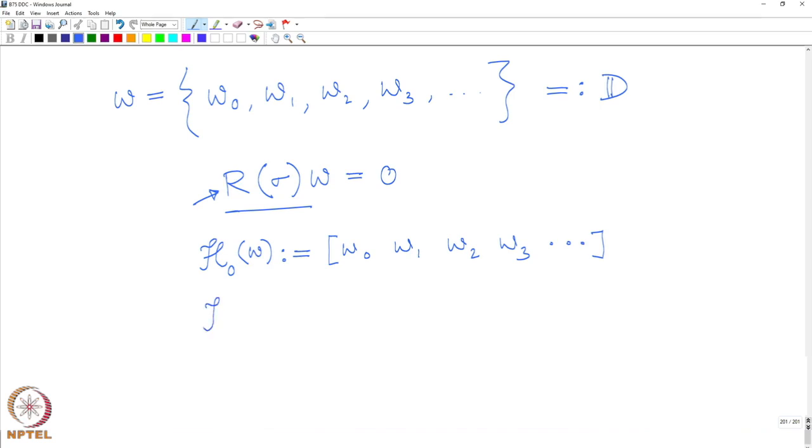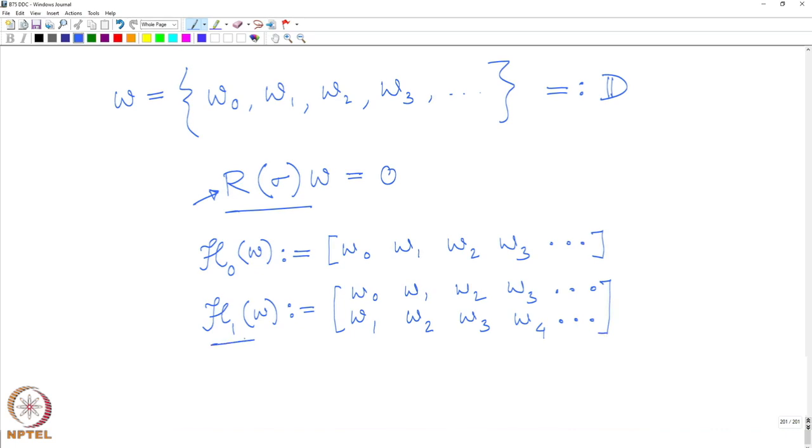We define Hankel matrix 1, H1 W, as W0, W1, W2, W3 like before, but then we shift this to the left by one step and continue writing it like this. That is my Hankel matrix of order 1. It has 2q number of rows and infinitely many columns again.